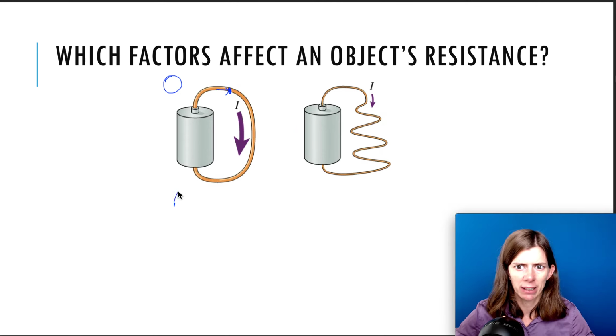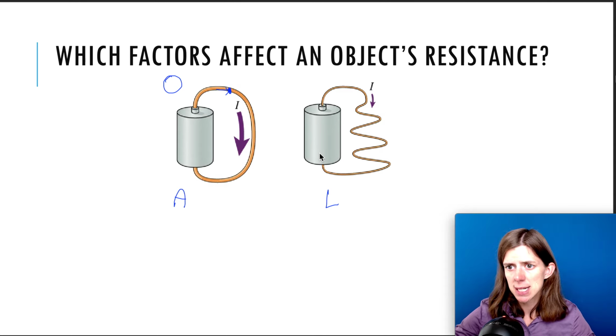That is a factor that affects the resistance. Now again, I said we're going to ignore the resistance of wires when we're dealing with circuits, but this picture has wires just to show the different factors that affect the resistance. What we also see here is that this wire has a different length than this one. So the length of the wire also affects the resistance.